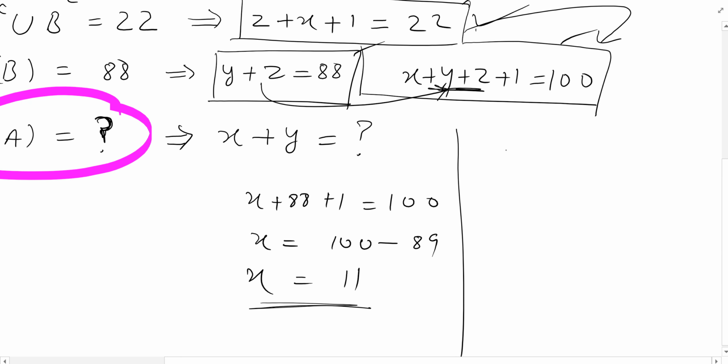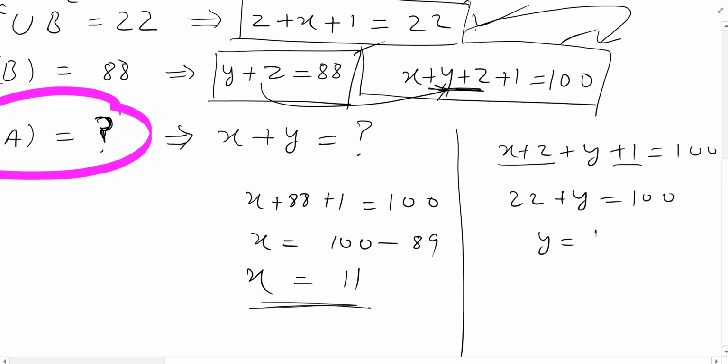Now we have x plus z plus y plus 1 equals 100, right? X plus z plus y. So I rearranged them because I want to substitute z, x and 1. Z, x and 1 is 22. So we substitute that, which is 22.